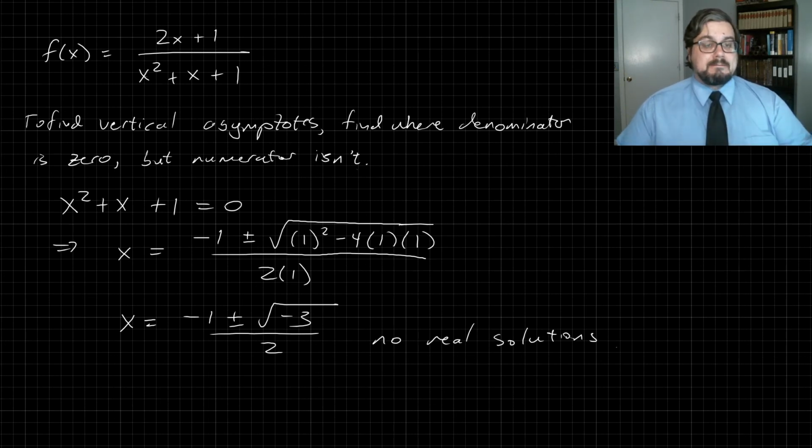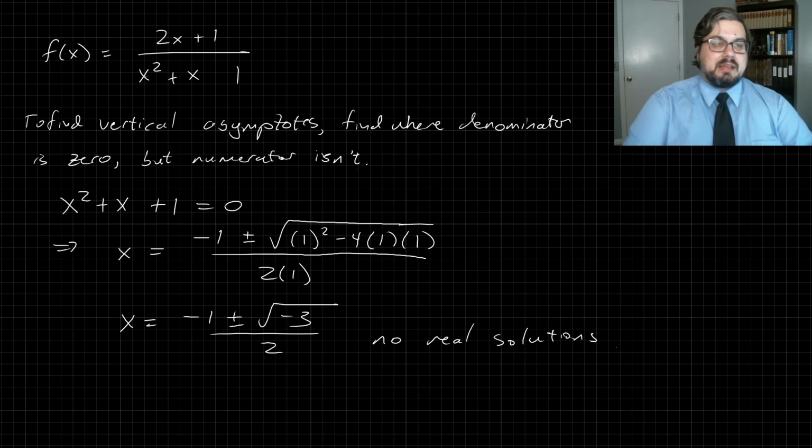So sometimes we go here and we can find out that there are no asymptotes. However, let's change this problem just slightly and see what happens. If we make the denominator x squared plus x minus 1 instead of x squared plus x plus 1, then that changes this c in the quadratic formula to a negative 1, which means that at this point down here, we would actually wind up with 5.